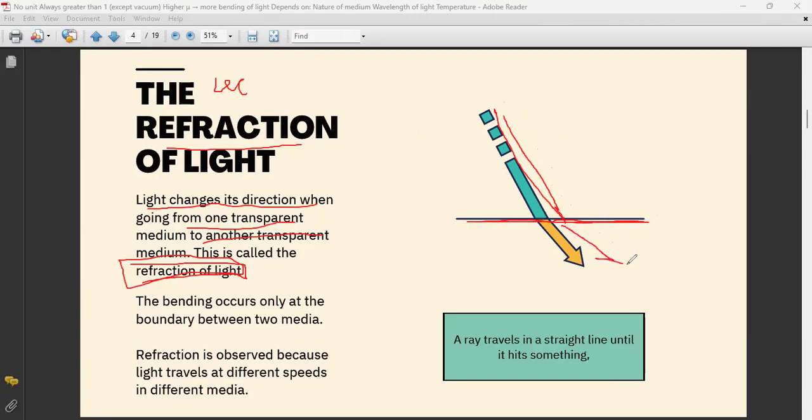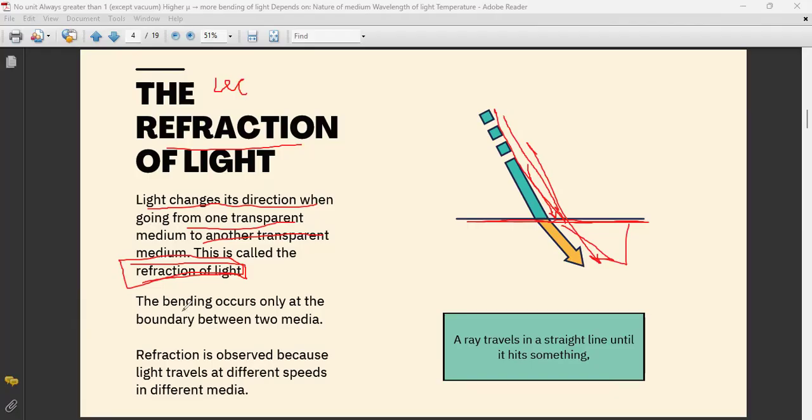It won't be traveling in the same path. So this light has traveled this path until the moment that it touched the surface of the other medium, and then it changes its direction. This phenomenon is known as refraction of light.